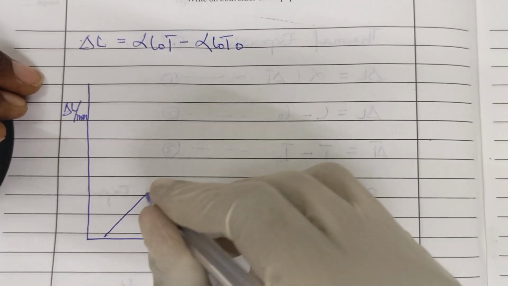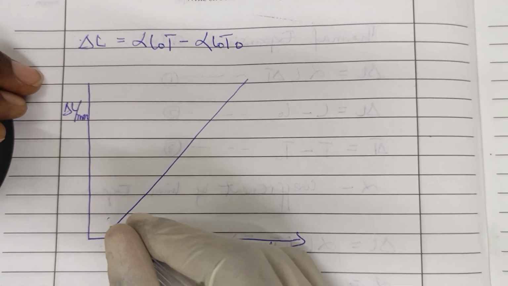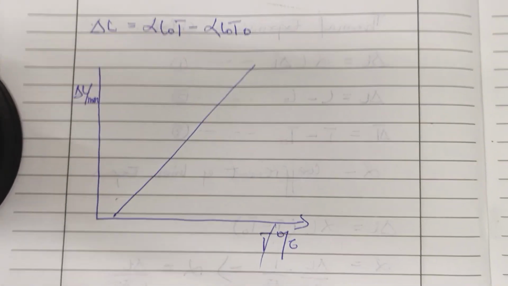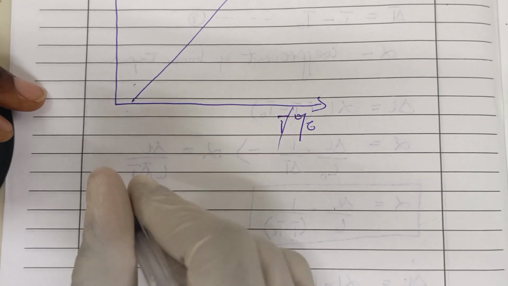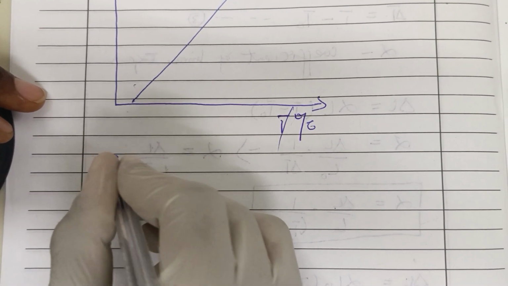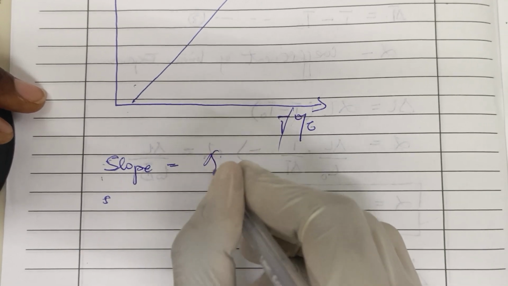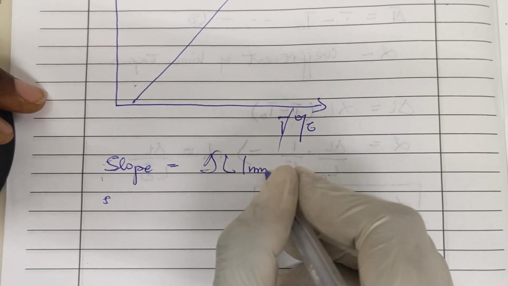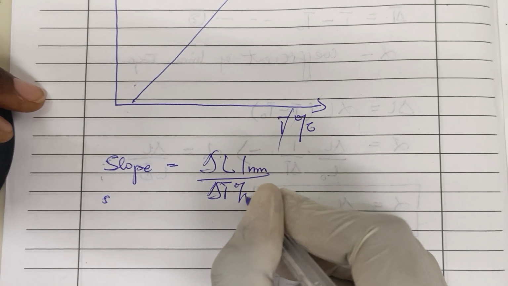So we have a graph like this. It doesn't go through the origin, mind you. So the graph looks something like this. Okay. Now after finding our slope, we can find our slope to be our change in L in mm over our change in T, right?